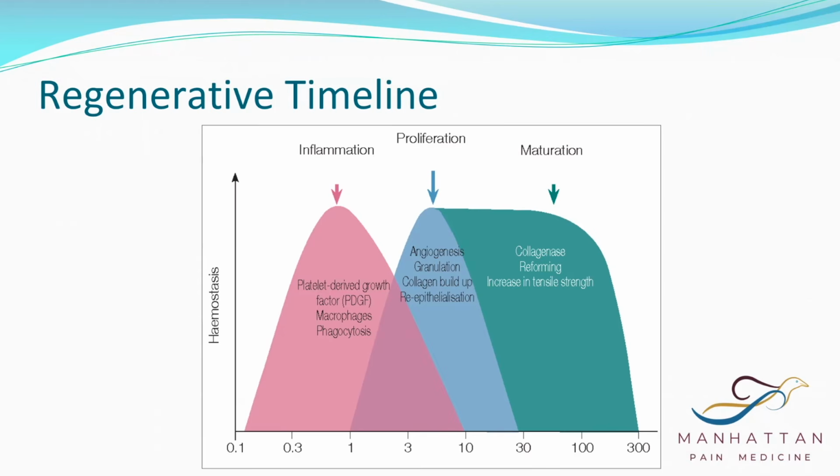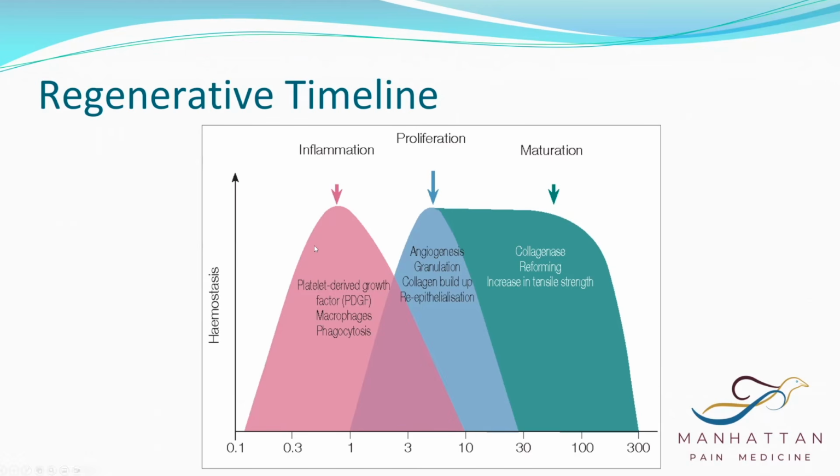Some patients, maybe 2 weeks if they're a little bit more sensitive and inflamed, but we don't put them in braces or boots or restrict any activities during any of these phases. And we encourage pain-free progressive range of motion, as well as strengthening guided by a therapist.